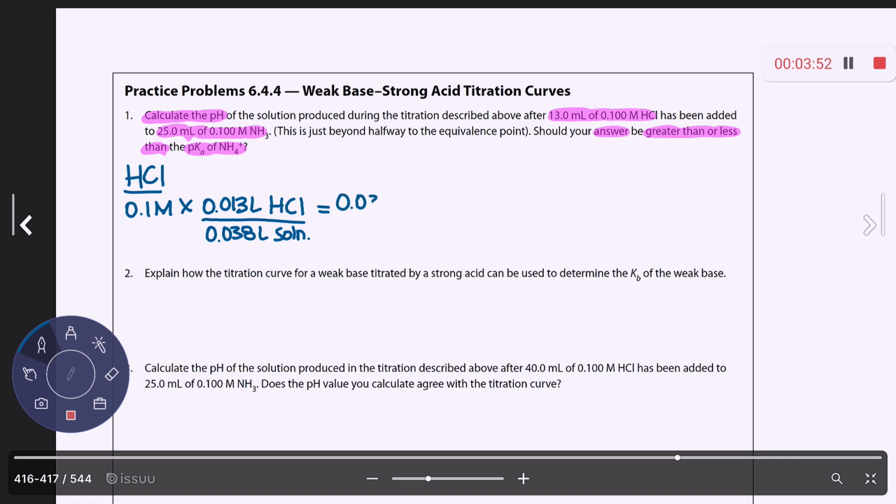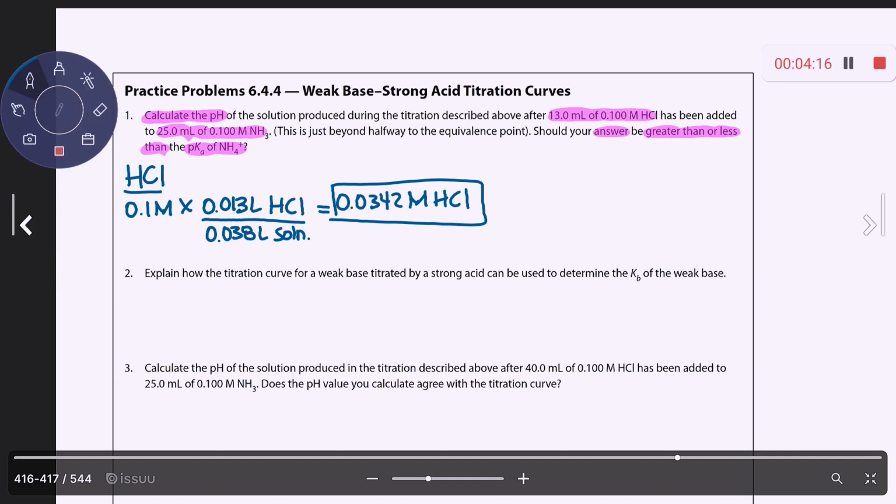Let's take a wild guess. 0.0342. Let's see, how does that look? Yeah, you got the 4.2? Okay.